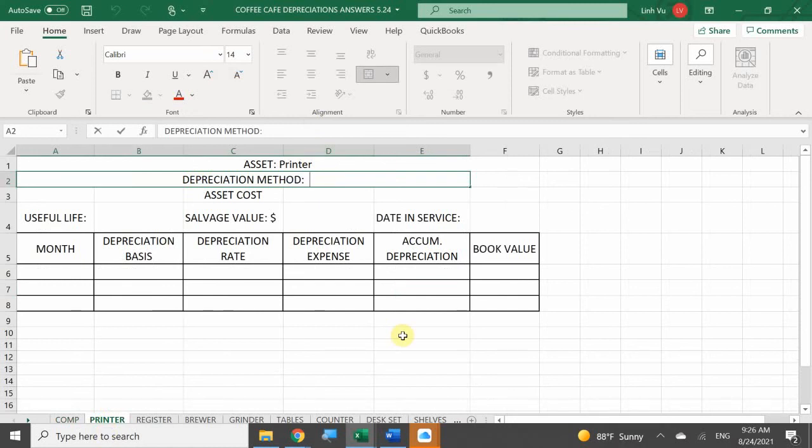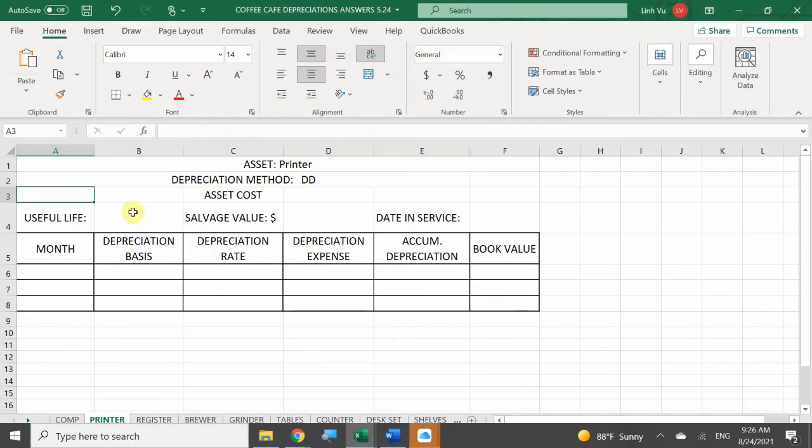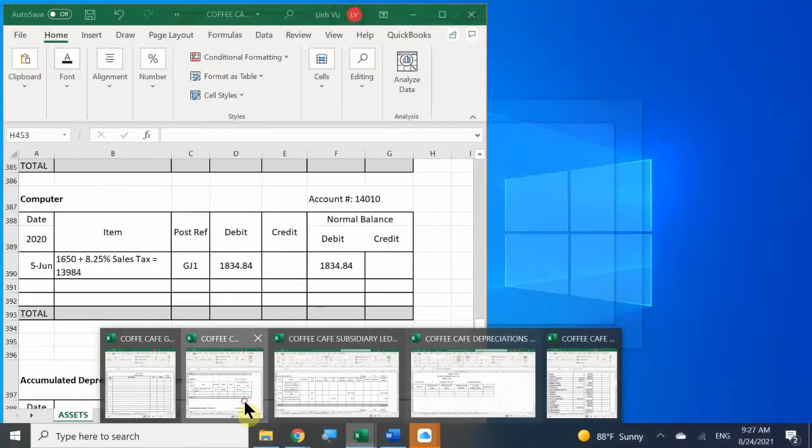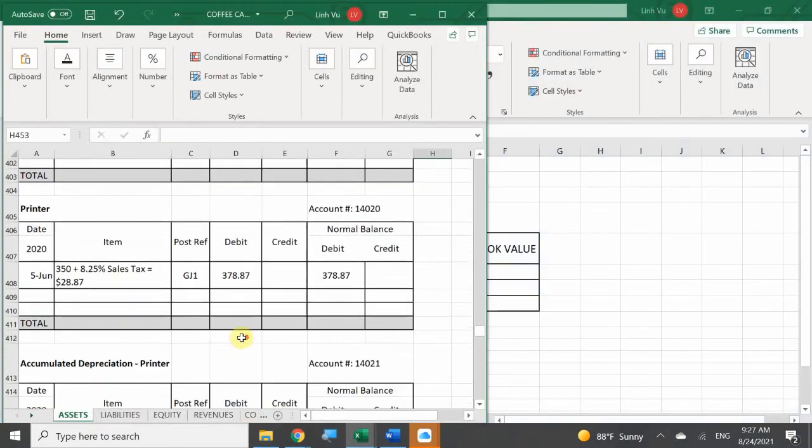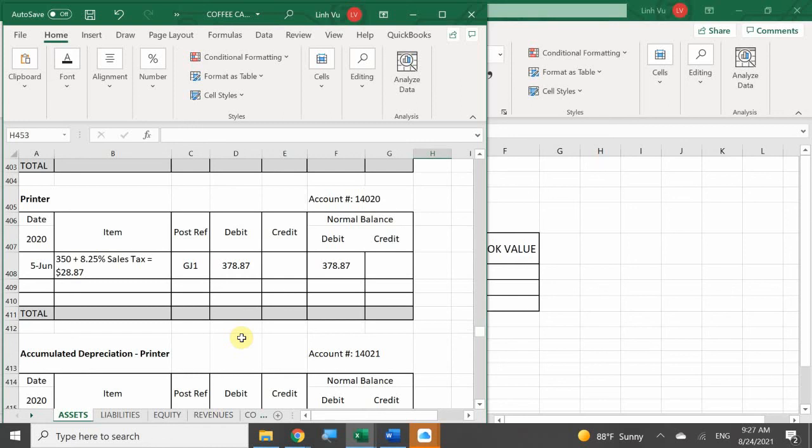We're going to be using double declining. The printer has 5 years. Salvage value 0. And let's figure out what the asset cost is. So when and how much was the printer? $378.87.